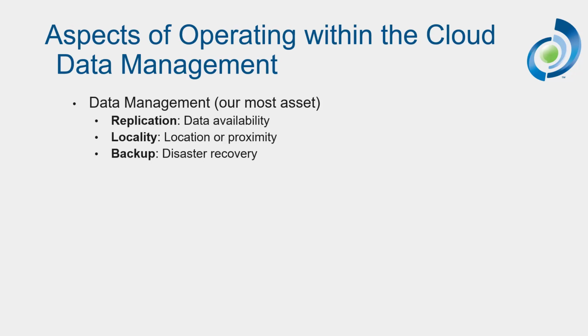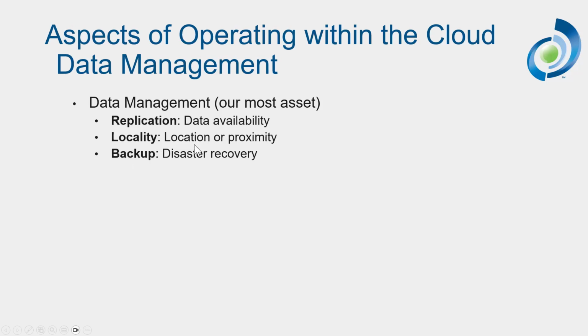So what do we do to make sure that we take care of our very valuable assets? We have replication. This means that our data is not in just one place, it's being backed up somewhere else. So if you make an update or add to it here, it's going to go somewhere else. That way, if the data center goes down or something happens to a disk, you always have access to it. And then that goes into the locality conversation.